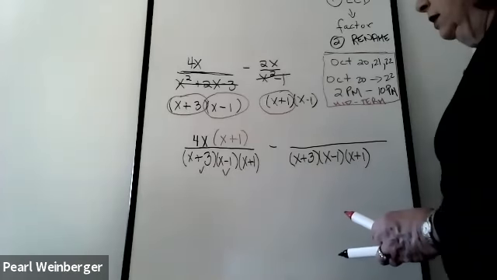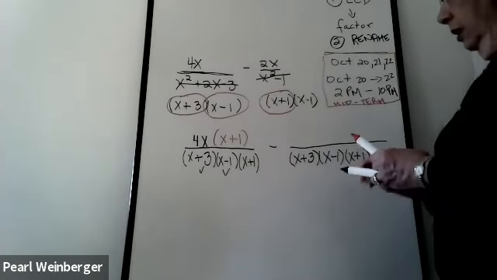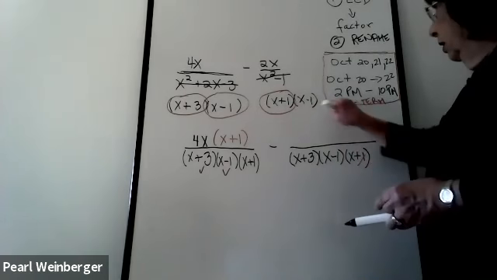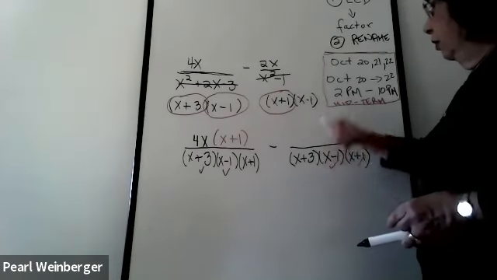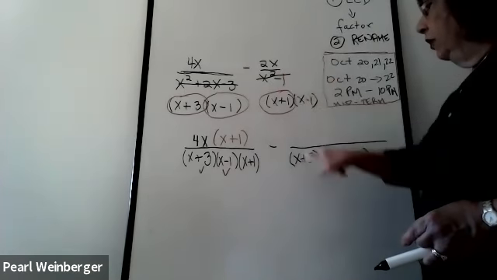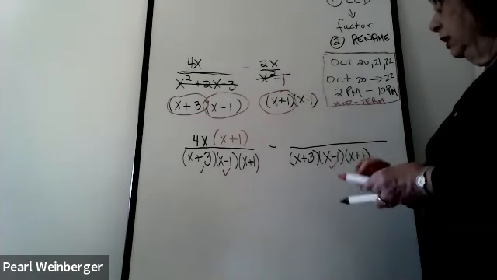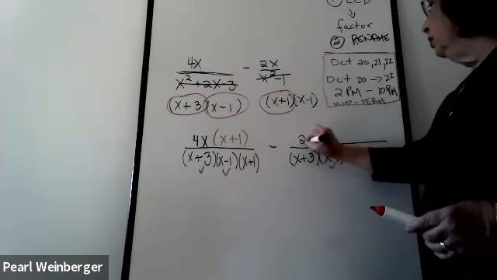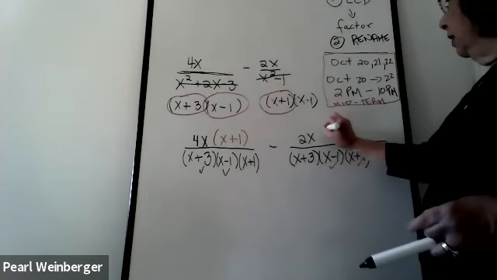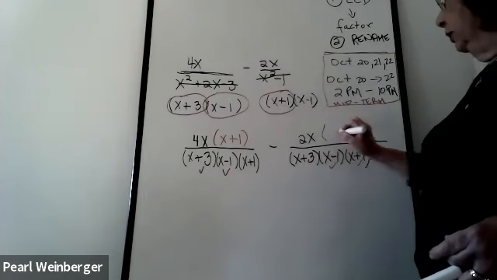Now I go to my second fraction. The x plus 1 I have, the x minus 1 I have. What's new in this denominator that I didn't have over here is the x plus 3. So I have to take the 2x that's originally there and multiply it by x plus 3.